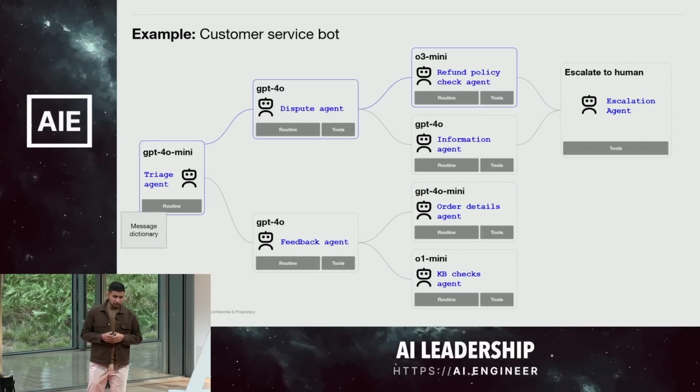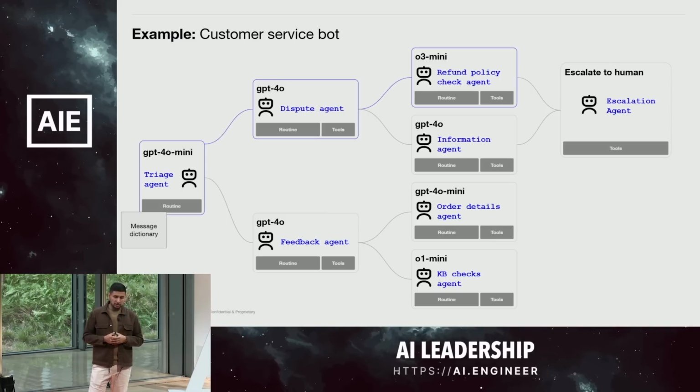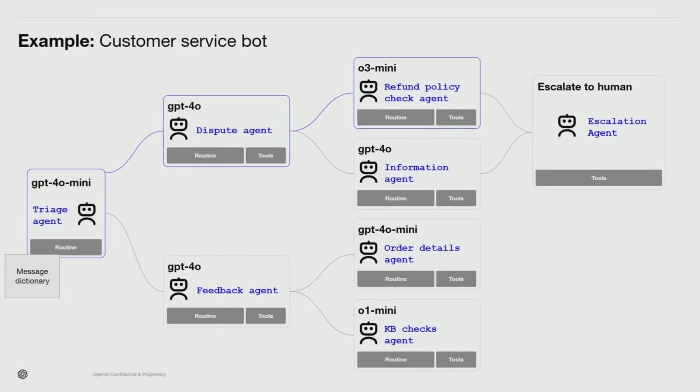In this sample architecture, we are showing how a fully automated customer service flow may be implemented with a network of agents and handoffs. This approach is allowing us to bring the right tools to the right job. So for example, on the left-hand side, we're using a GPT-4o mini call to perform triage on the incoming request. We're then using GPT-4o on the dispute agent to actually manage the conversation with the user.